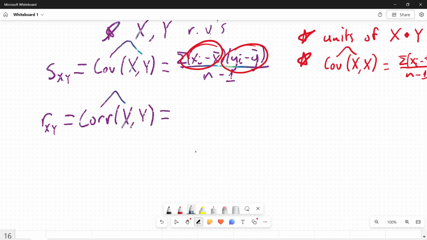What do I do for this thing? Well, it's going to be covariance of X and Y, the sample version, divided by the standard deviation of X, and then the standard deviation of Y. All right. Again, easy formula. Notice what happens. The covariance of X and Y, if we want to keep hats on everything, let's make the notation work here.